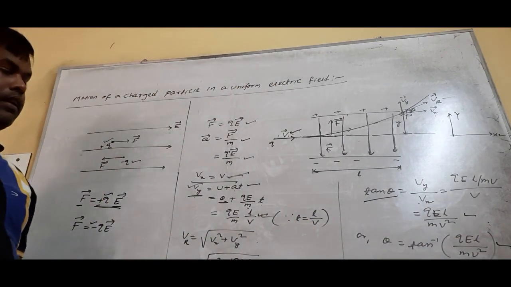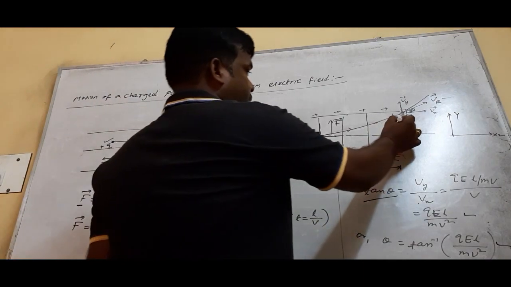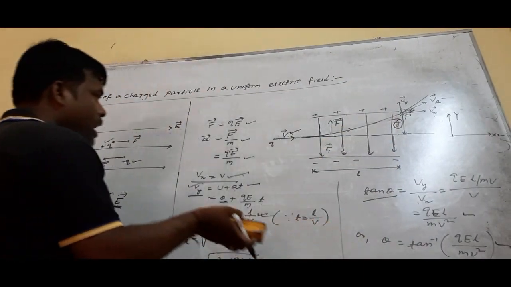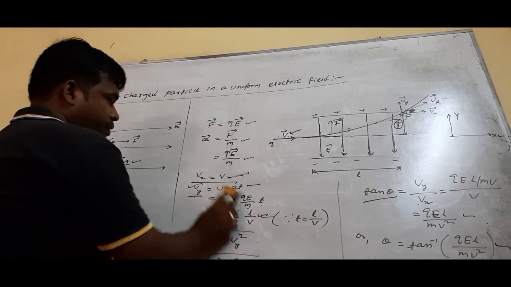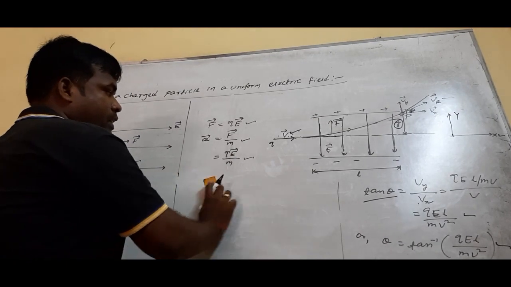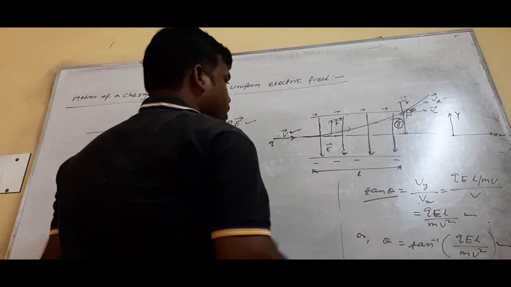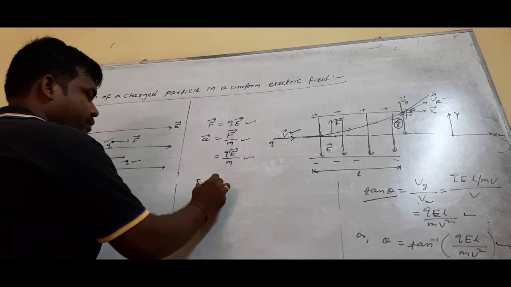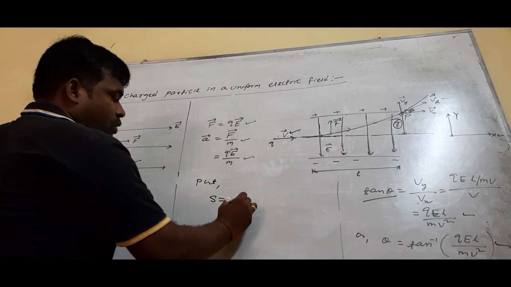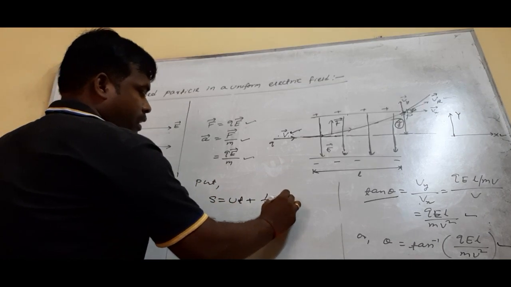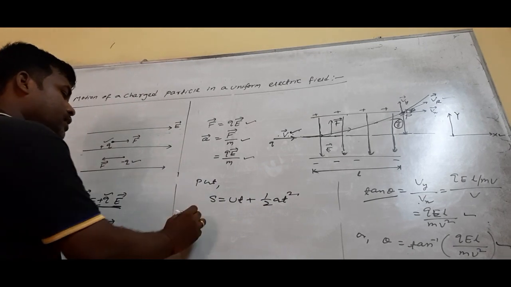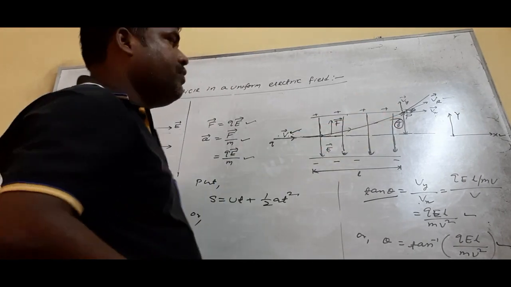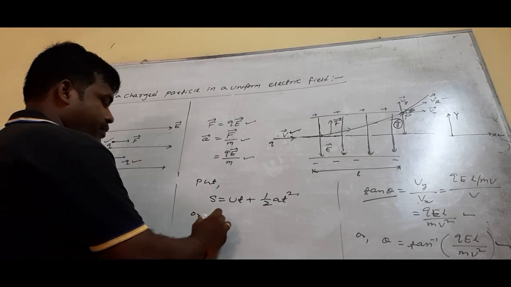Here I also want to find the vertical deflection y. How can we find y? You consider the vertical motion from this point to this point and put s is equal to ut plus half at square. This vertical deflection will be y.